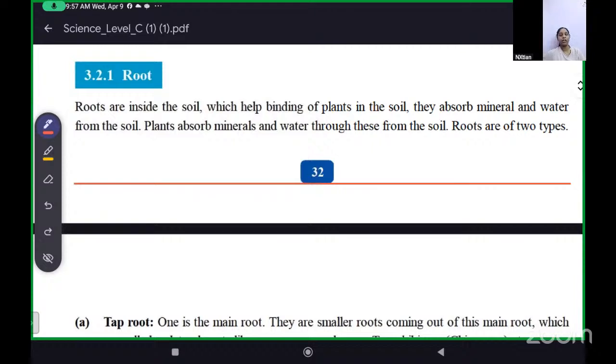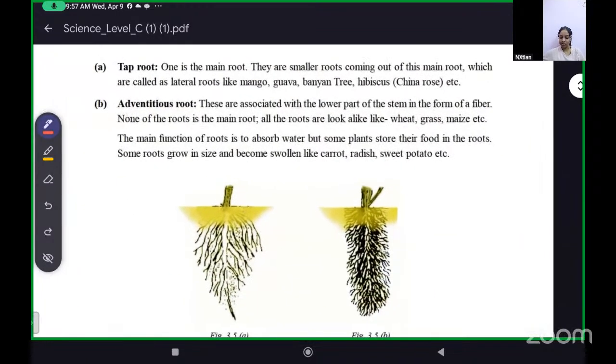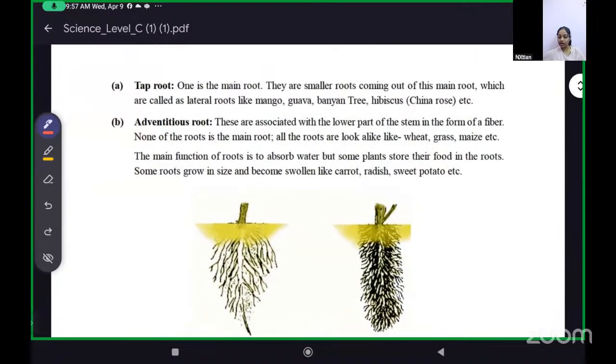Now the roots are at the base of the plant, inside the soil. These roots are of two types: one is known as taproot, another is known as adventitious roots or fibrous roots.